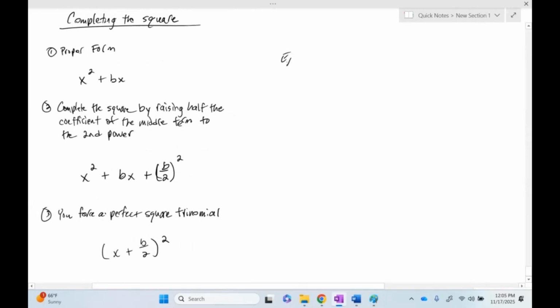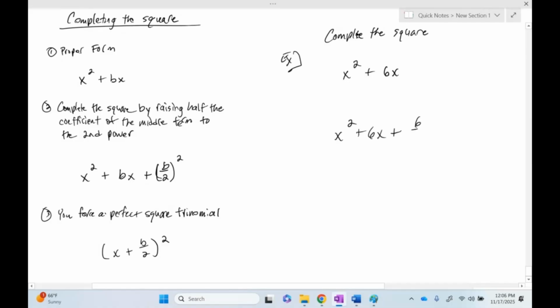So here's an example. Complete the square: x squared plus 6x. I have the right form, x squared plus 6x. Notice that the coefficient of my first term is 1. I have my second degree term and my first degree term.